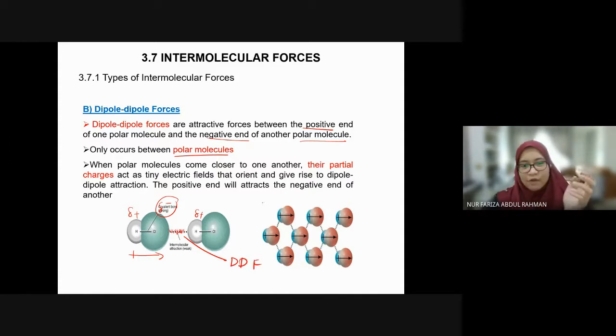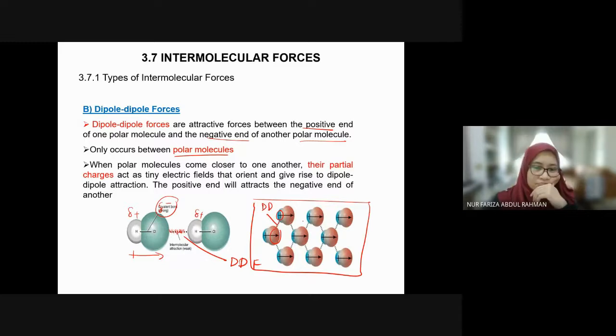Imagine if you have more than two molecules, so this is how it is arranged. Positive ends will be attracted to the negative end. So this is what we call dipole, guys. Those attractions are what we call dipole. Okay, simple.